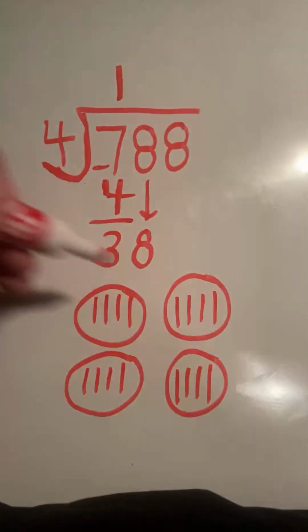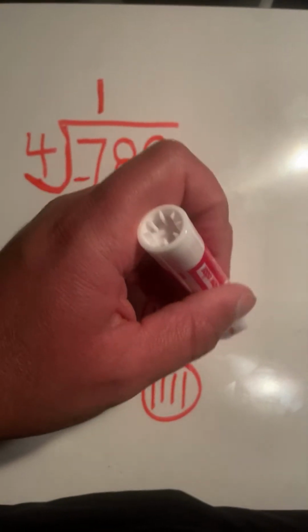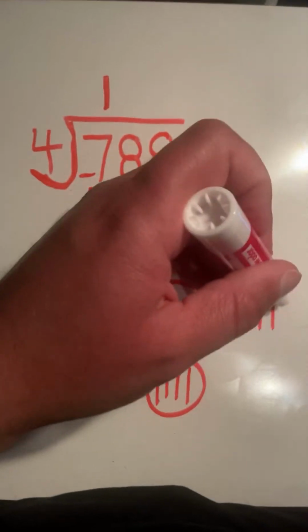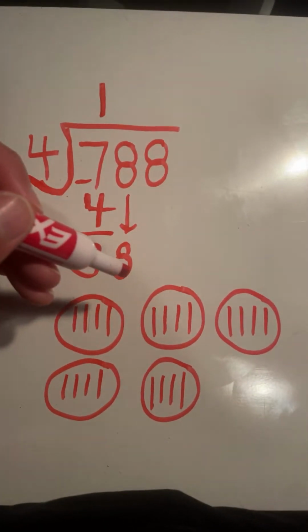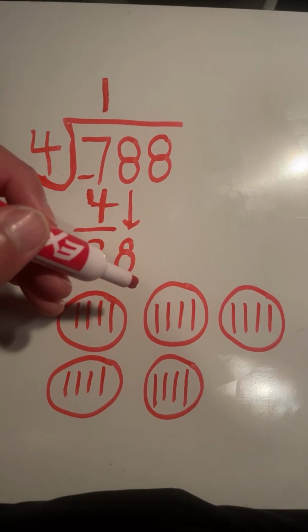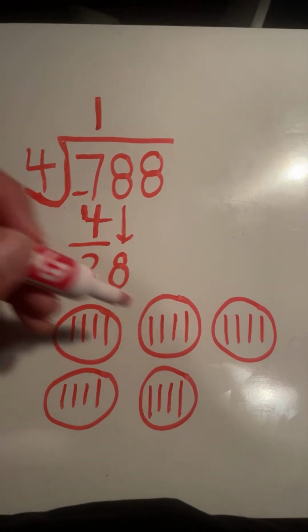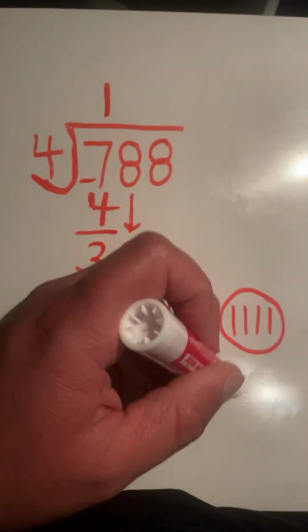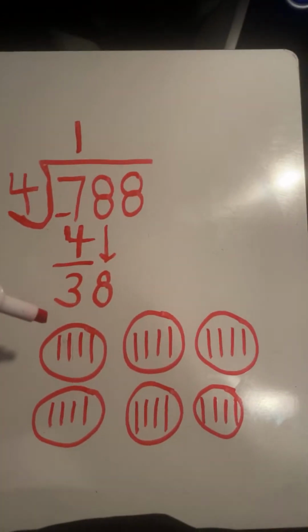We are at 4 groups. 17, 18, 19, 20. We are now at 5 groups of 4. 21, 22, 23, 24. We are now at 6 groups of 4.